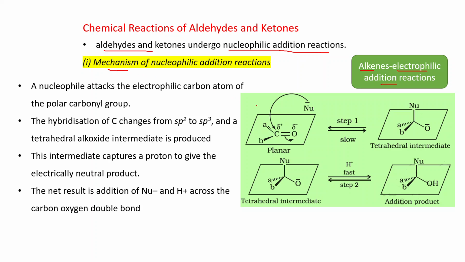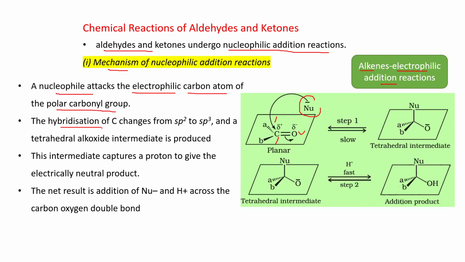We already discussed the structure of the carbonyl group. In the carbonyl group, oxygen acquires a partial negative charge and carbon acquires a partial positive charge. That's why the nucleophile can attack this carbon. A nucleophile attacks the electrophilic carbon atom of the polar carbonyl group.